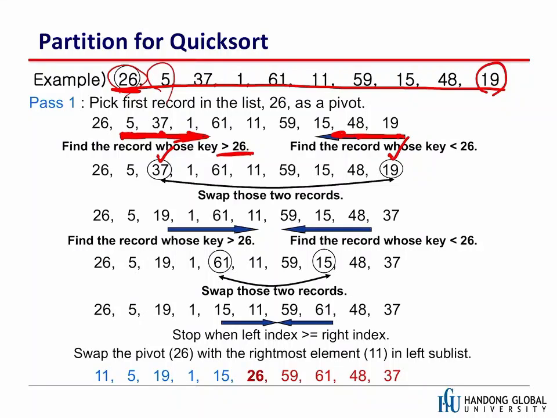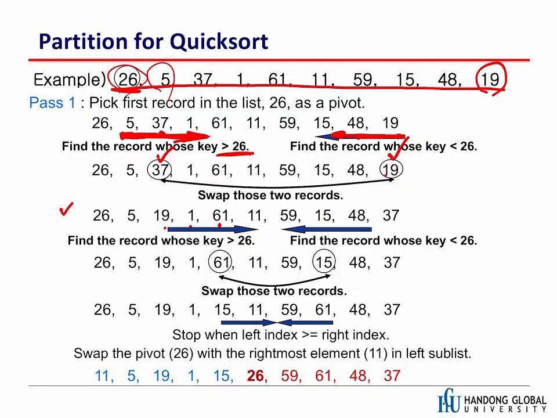Do you see that? By swapping, it is kind of sorting. So 19, the smaller one, will be on the left side, and 37 will go to the right side. Okay, so now we have this list, and then we keep doing this. From here, let's check the next one. 1 is smaller than 26.